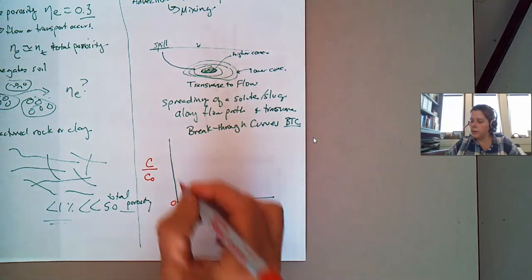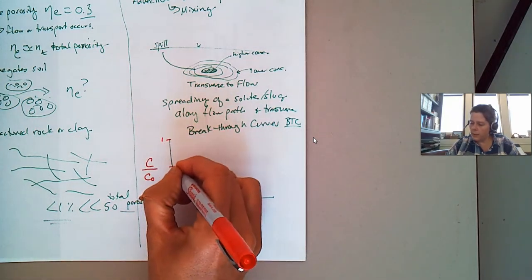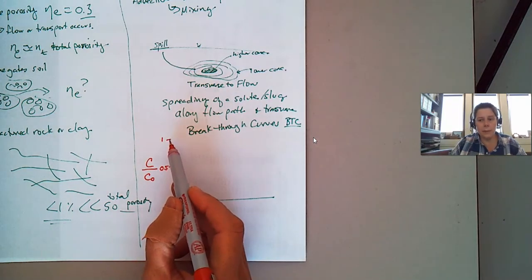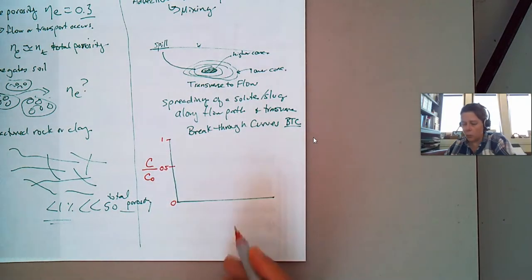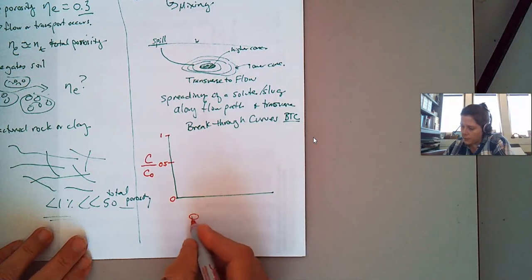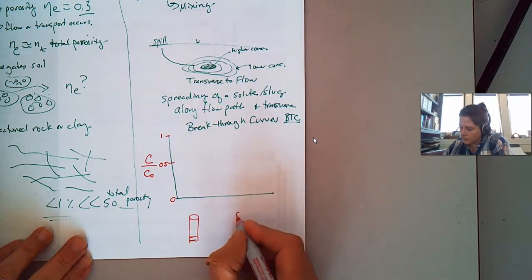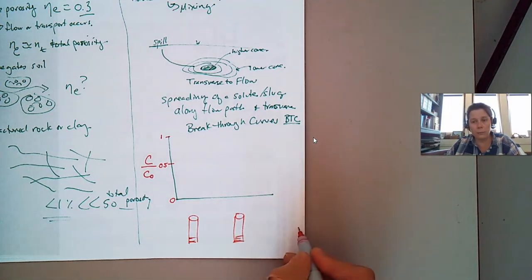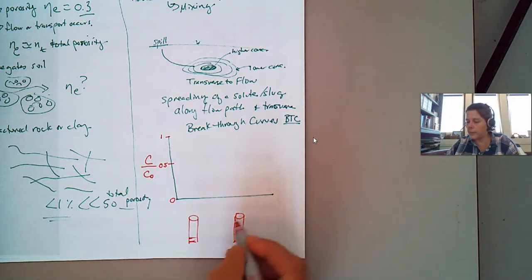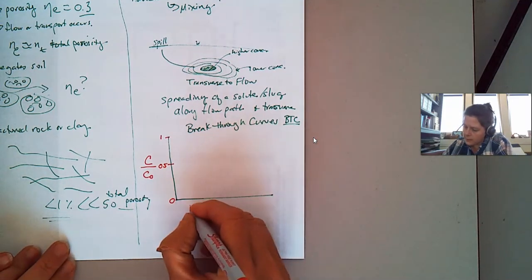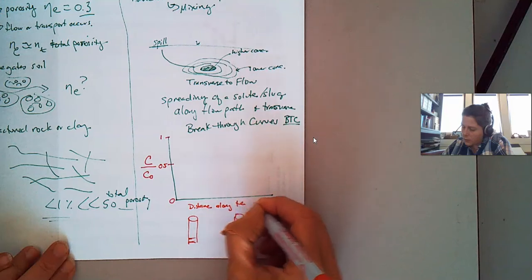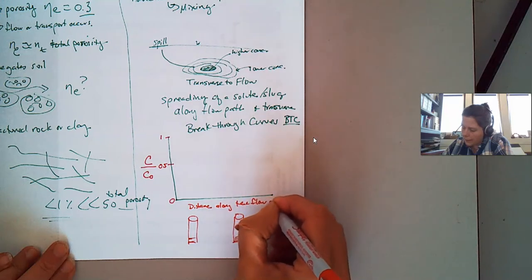When we have 0, and say we have up here 1, and here 0.5. When we reach 1, that means the concentration in a down gradient well, so say we have 2 wells here, and we're going along a flow path. This axis over here is our distance along the flow path.